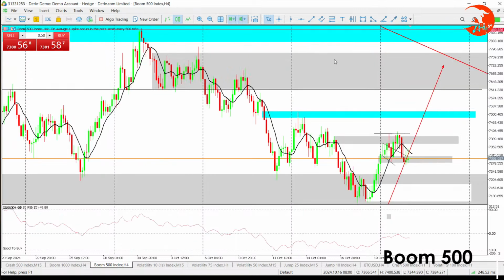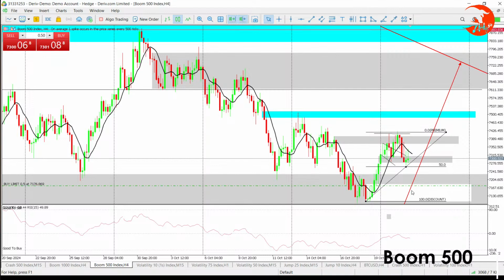So for H4, for it to continue into the buys right here where it is, we can anticipate it is still consolidating around that area, but we can somehow anticipate, using our fib, a return, probably to this area around here.